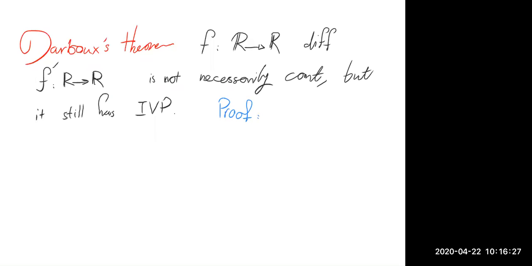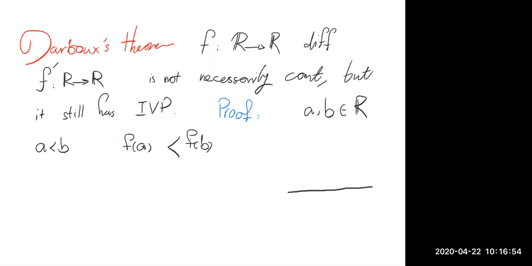Let's take two numbers a and b in R, say a is less than b. Look at f of a and f of b. Let's say also f of a is less than f of b. Other cases are similar, where f of a is equal to f of b or greater than f of b. So the graph of f prime would look like this.